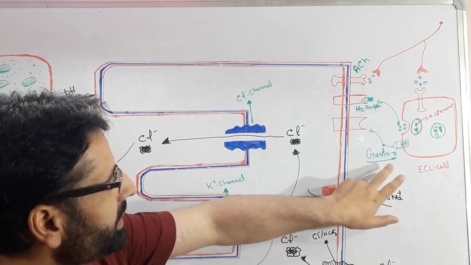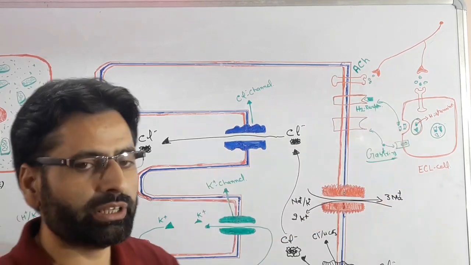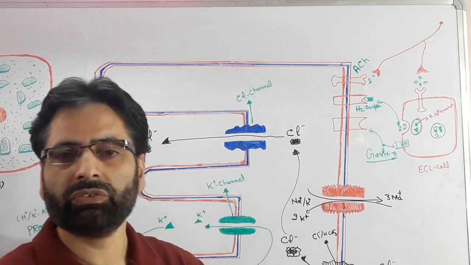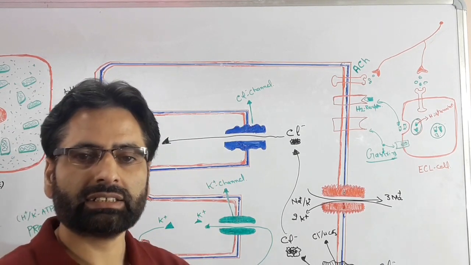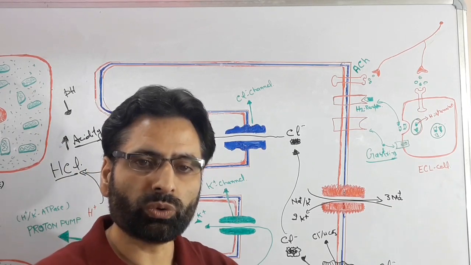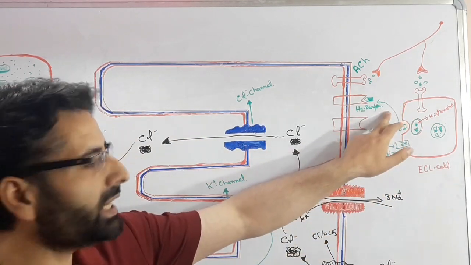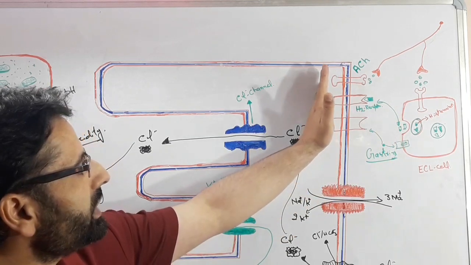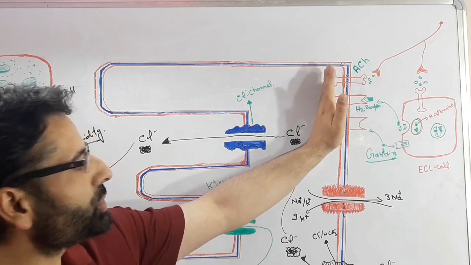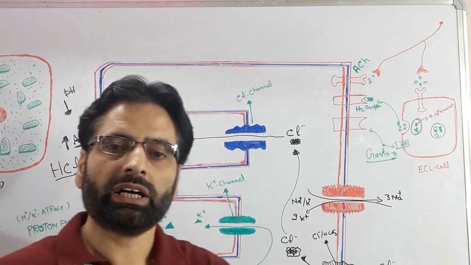So these three, histamine, gastrin, and acetylcholine, are the factors related to increased activity of the parietal cells in the release of hydrochloric acid. Increased secretion is observed when gastrin, acetylcholine, or histamine bind the basolateral receptors on the parietal cell, causing stimulation.